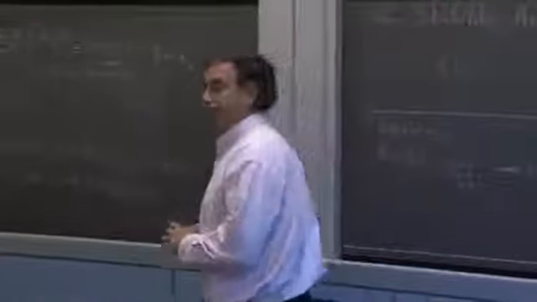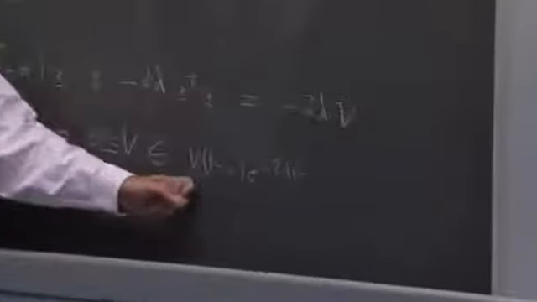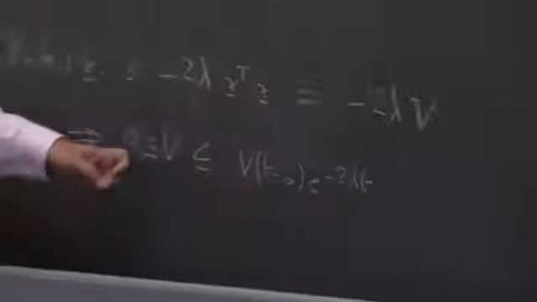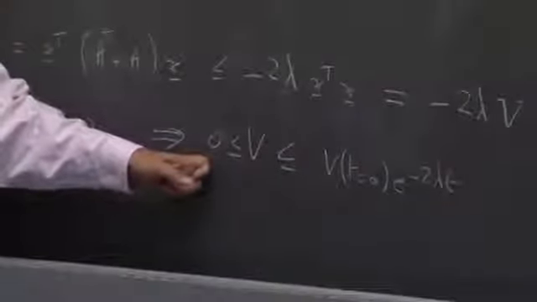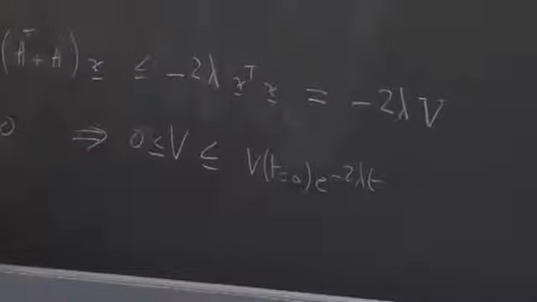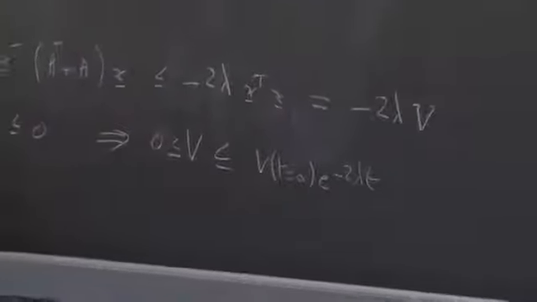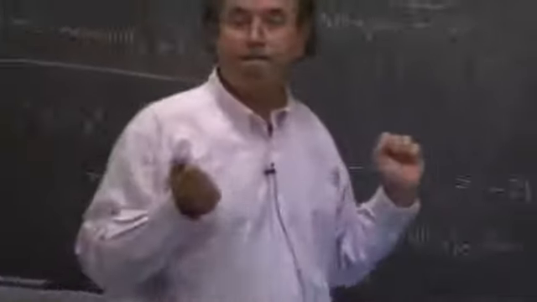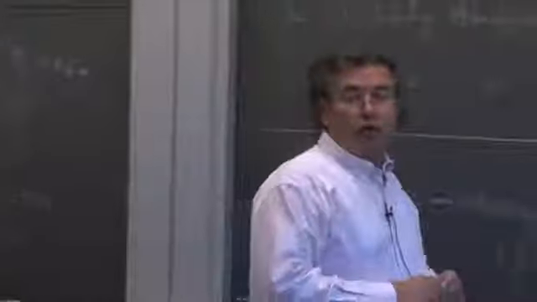Okay? So that's why we went immediately from here to there. And the other thing that allows us to conclude is that we know that V is positive. Otherwise, it could become negative or whatever. Here, we know it's stuck between 0 and something that shrinks to 0. Okay? Questions about that?